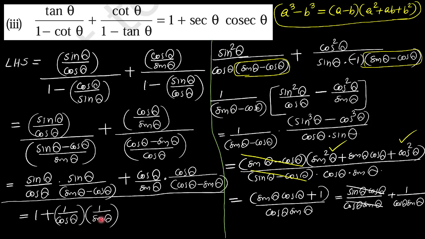Is that correct? Yes. 1 into 1 is 1. So 1 plus 1 by cos is sec theta, 1 by sine theta is cosec theta. RHS.